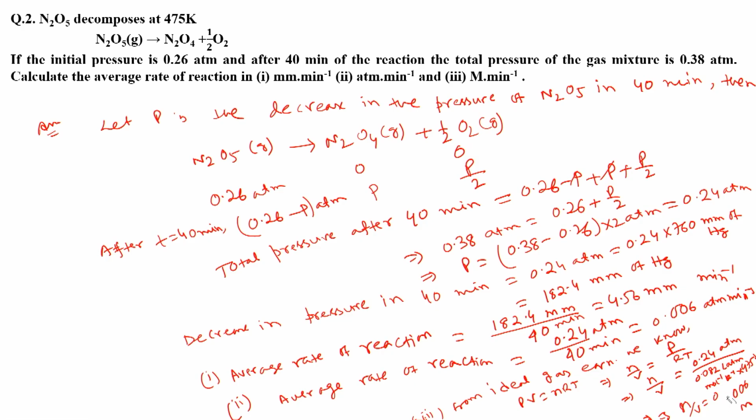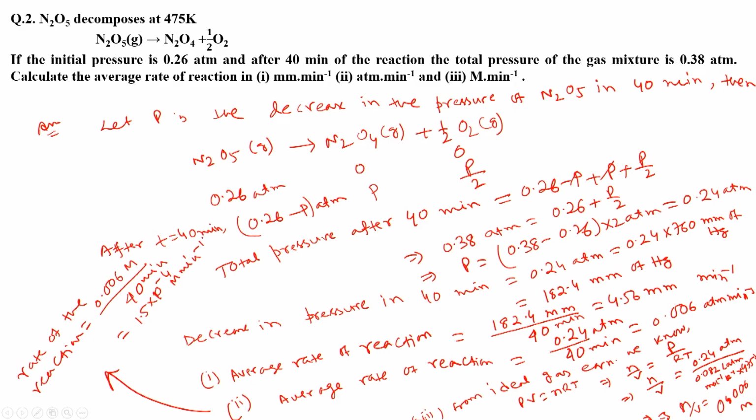So this change is happening after 40 minutes, right? So rate of the reaction is 0.006 moles by 40 minutes, right, 40 minutes. So you get 1.5 times 10 to the minus 4 moles per minute.